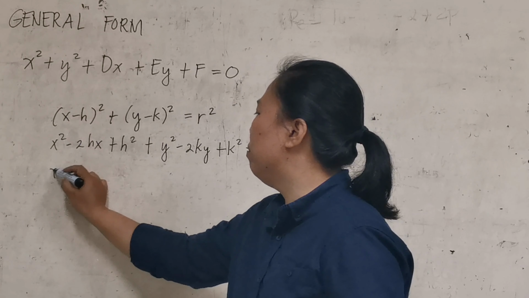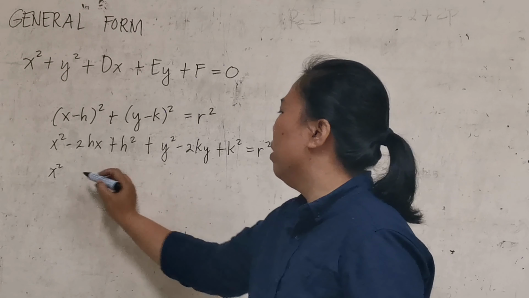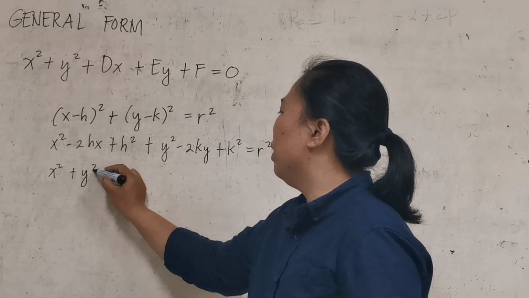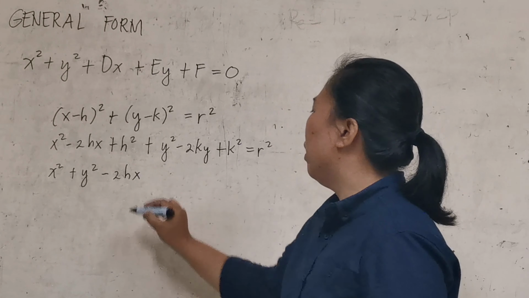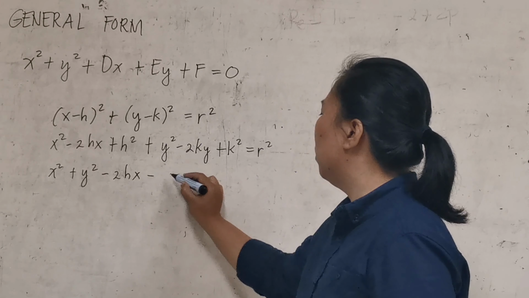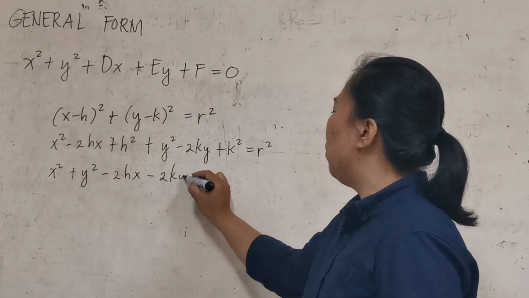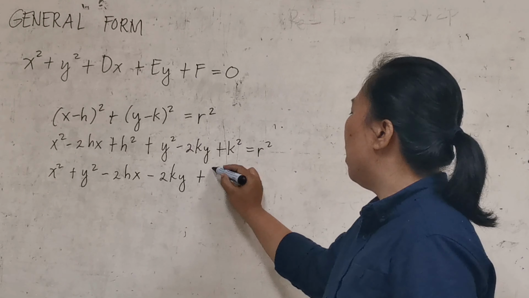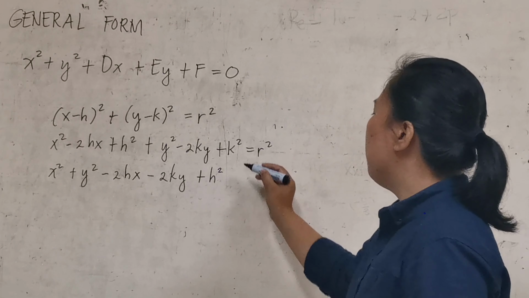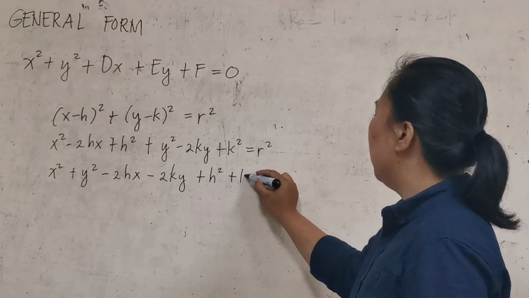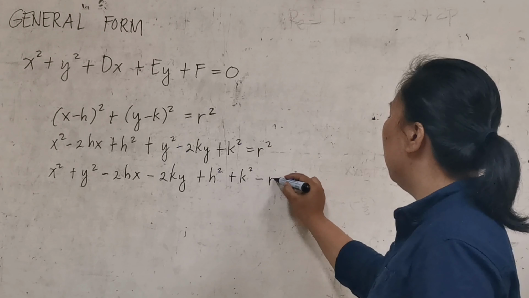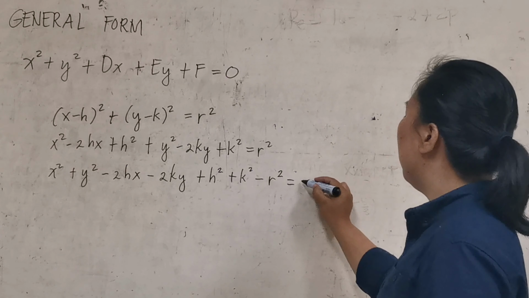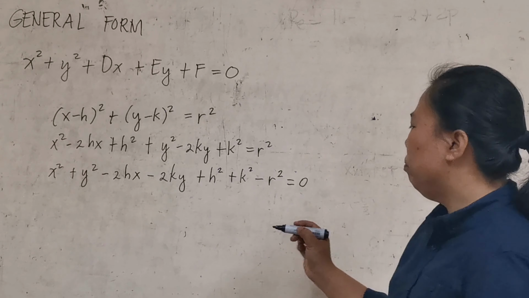Then we have x squared plus y squared minus 2hx minus 2ky plus h squared plus k squared, then minus r squared is equal to 0.